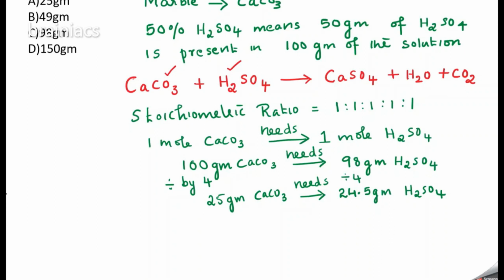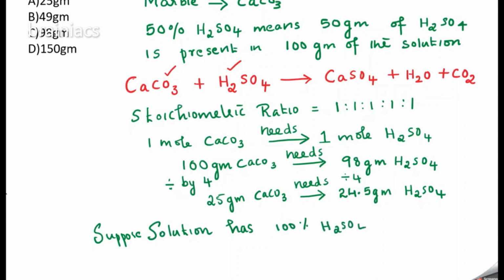No, they are asking you regarding a solution that has only how much amount of sulfuric acid? 50 percentage sulfuric acid. Correct. So, we can tell it like this. Suppose the solution given to you has 100 percentage H2SO4.